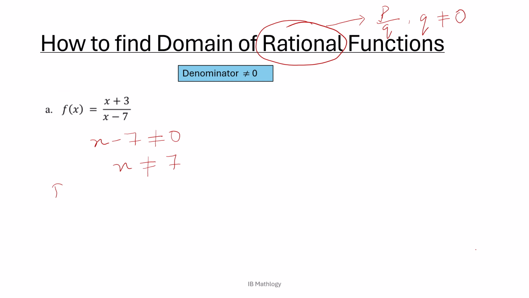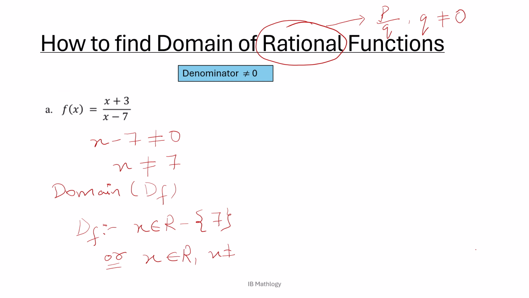Now how will we write the domain of the function? I will represent domain by D_f. So the domain of the function is x belongs to any real number R except 7. Or we can also write that x belongs to R and x cannot be equal to 7. Both answers are acceptable. Let's take another example, f(x) = (2x + 1)/(x² - 16).